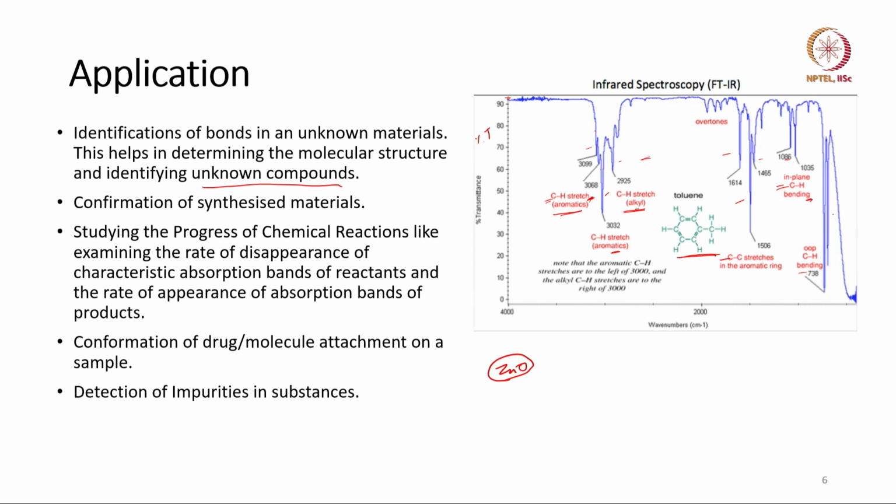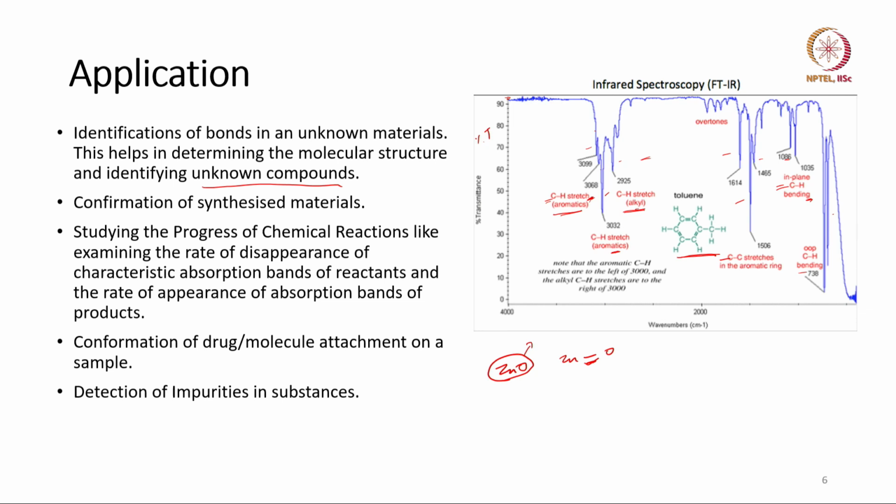So what he will do is quickly run it through the FTIR, and the FTIR will have the characteristic Zn and oxygen peak somewhere, and that will eventually confirm whether Zn and oxygen are present in this sample or not.